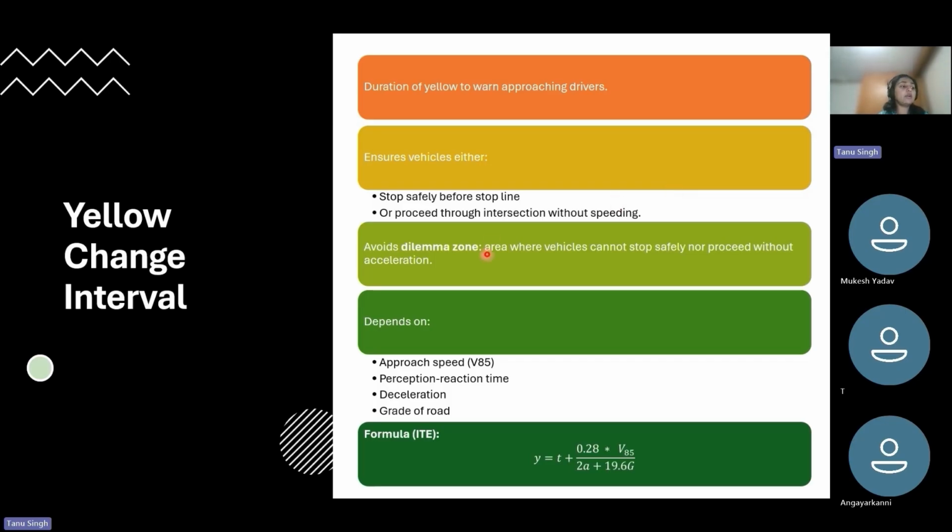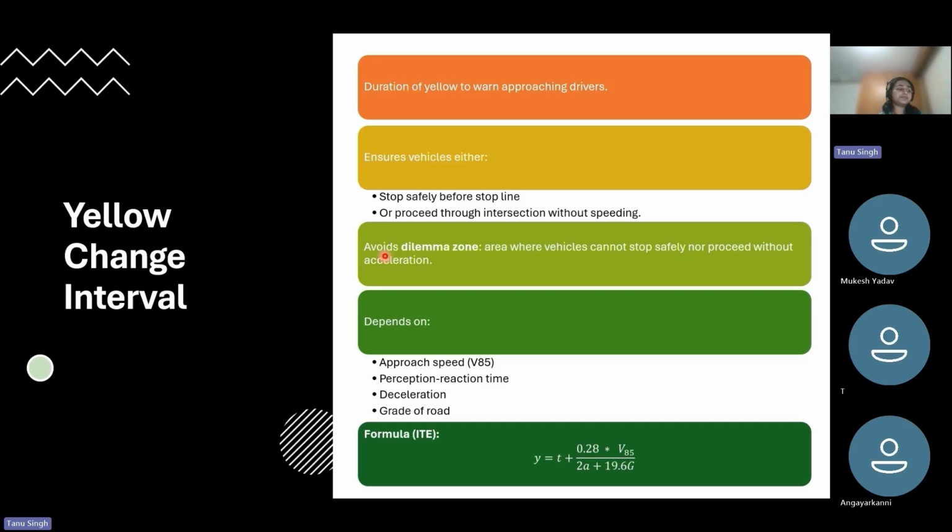So it avoids the dilemma zone, an area where vehicles cannot stop safely or proceed without acceleration. If the yellow light is too short, some vehicles may end up in the dilemma zone, a place where they can't stop safely but also can't clear the intersection without accelerating.